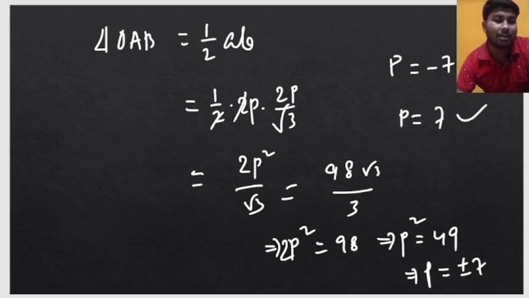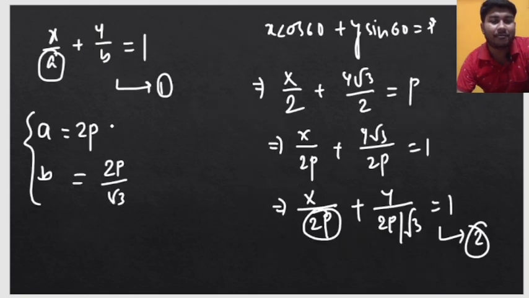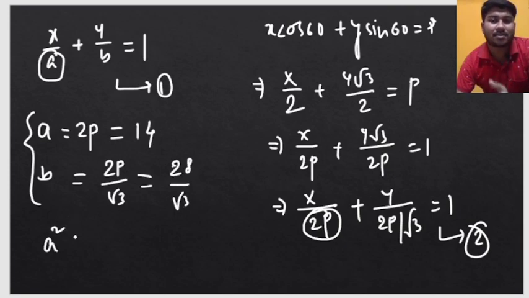Now if you put the value of p in a and b, the value of a will be 14 and the value of b will be 14 by root 3. But the question is asking for the value of a square minus b square.